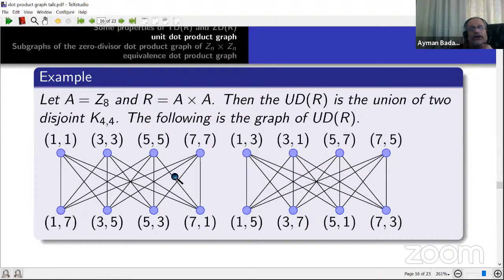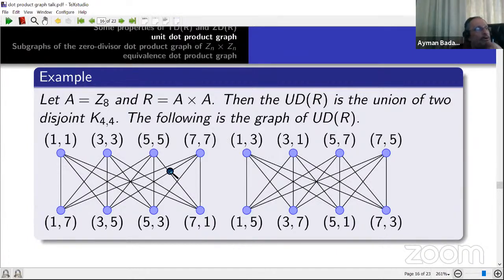To my best knowledge, the unit dot product graph was not generalized in general. Here we studied the unit dot product only for Zn, or if your ring is a product of finite fields.